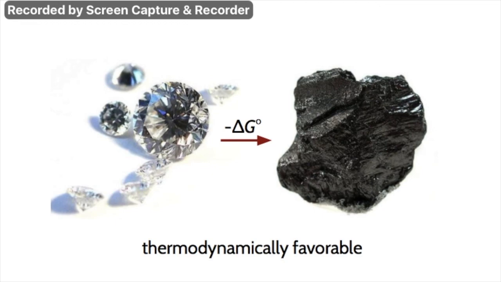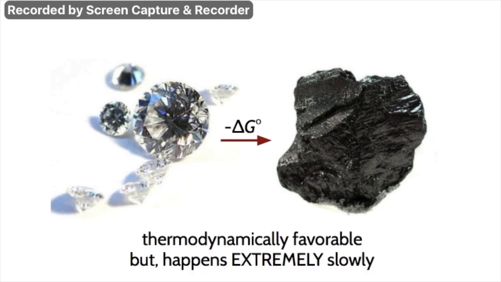The reason why no one on Earth is concerned about this happening is because it happens extremely slowly. In our lifetimes, in 5 generations from now lifetimes, no diamond will have turned into graphite. This process takes such an incredibly long time that even though it is thermodynamically favorable, it does not happen at an appreciable rate.